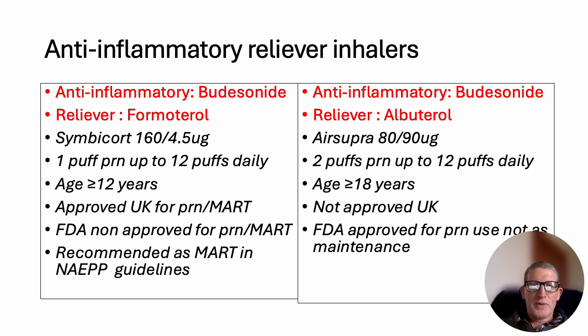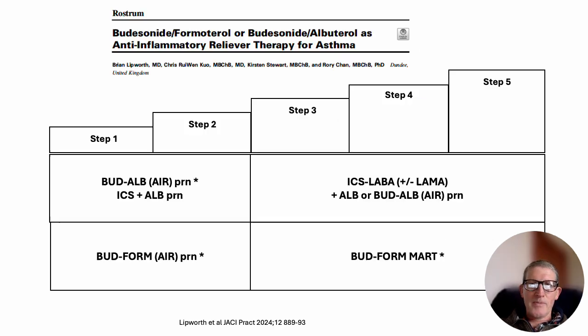It's not approved in the UK, and it's not approved anywhere else outside of the US at present, but that may change. One thing to say about Airsupra is it's FDA and guideline approved in the US only for on-demand use, but not as maintenance therapy, which again I will go into a bit more granularity.